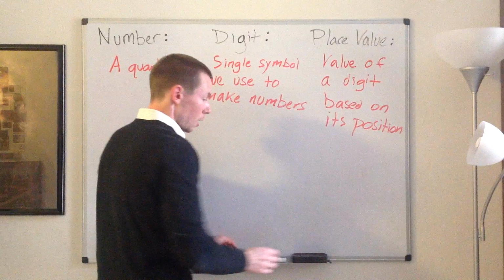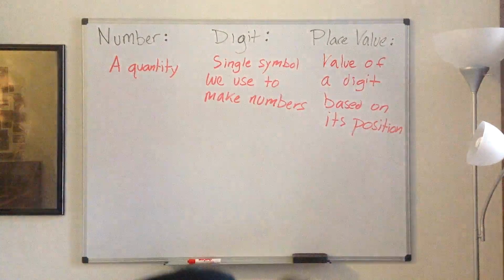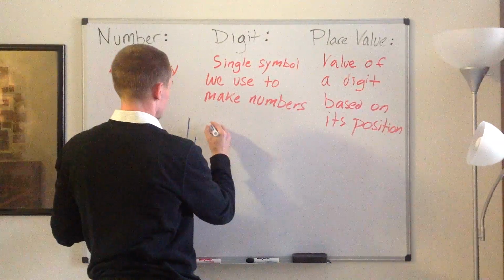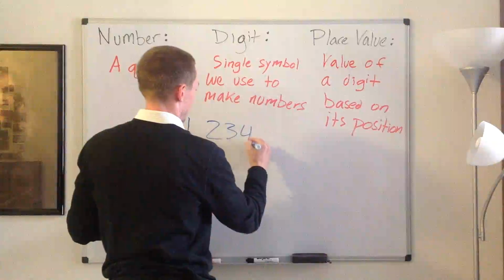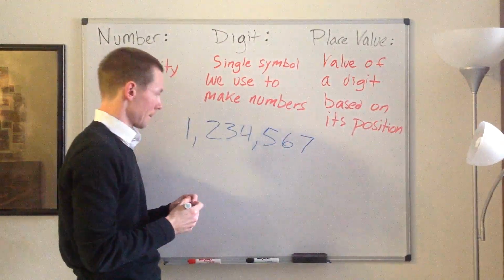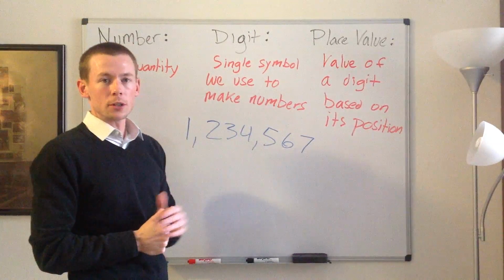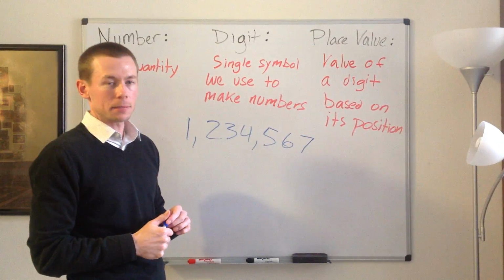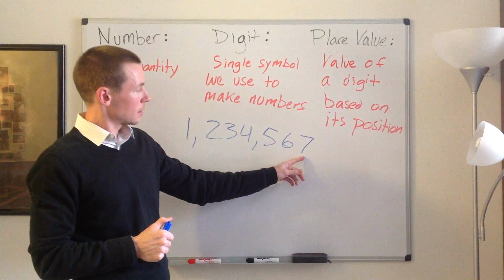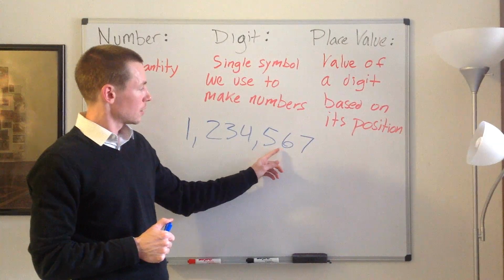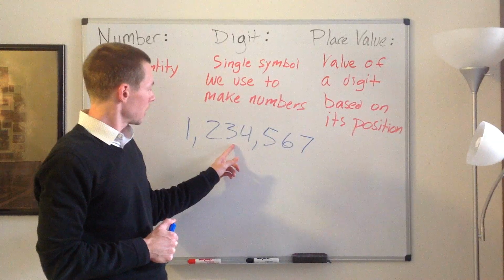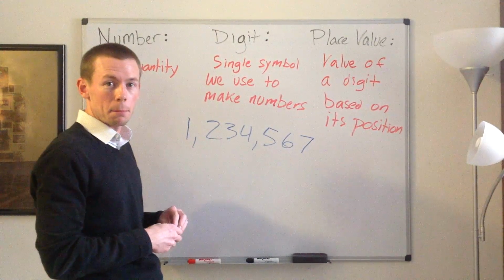I'm going to look at more place values. So I just wrote out the digits 1, 2, 3, 4, 5, 6, and 7. Right. So we have a 7 in the ones, a 6 in the tens, a 5 in the hundreds, and then this is the thousands, 10,000s, 100,000s, and millions place.